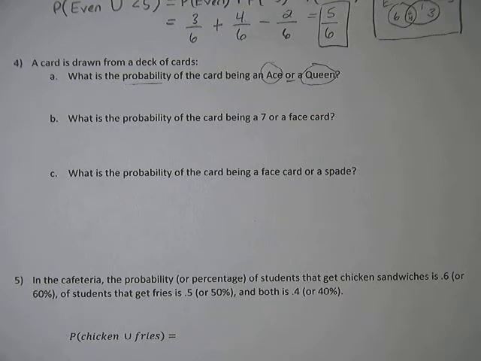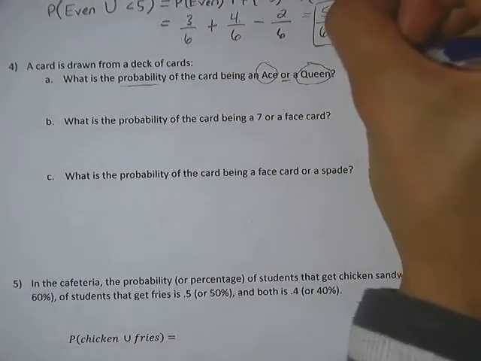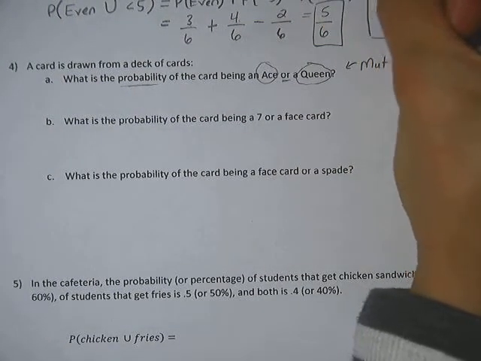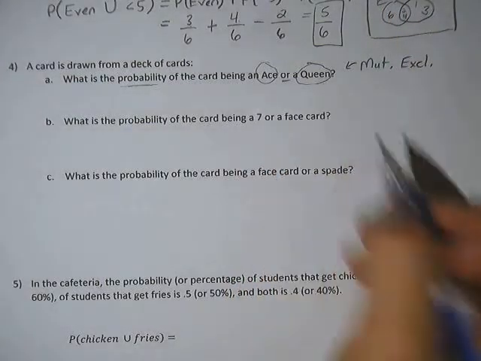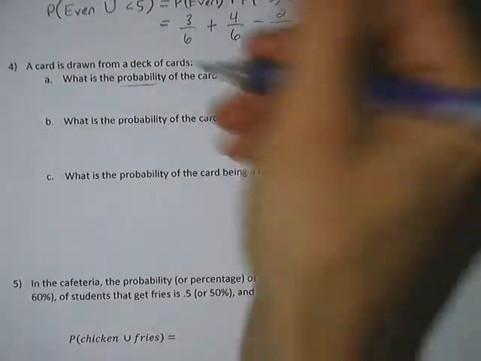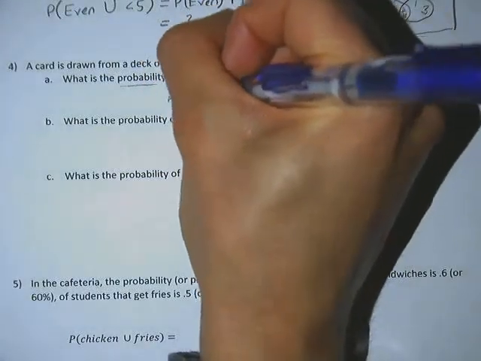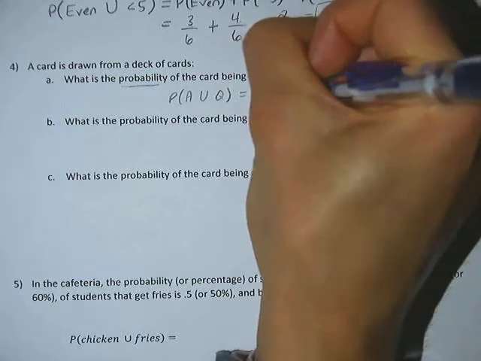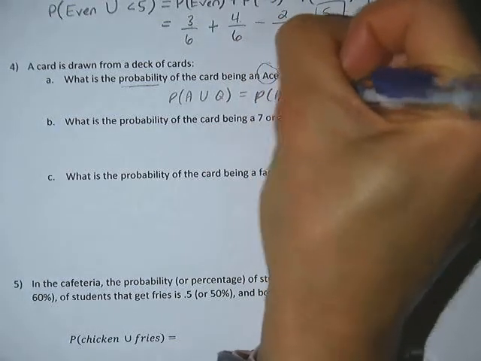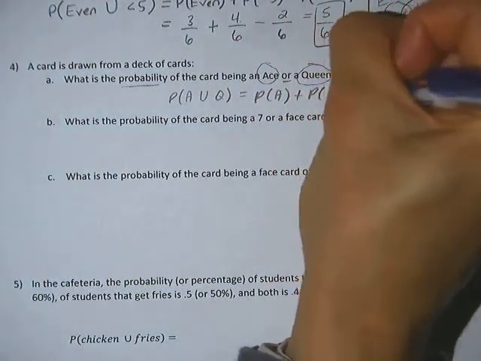But no, okay? And so these two events are mutually exclusive. And so if we're trying to find the probability of this or that happening, of getting an ace or a queen, we just add them. So the probability of getting an ace or a queen, we just take the probability of getting an ace and add it to the probability of getting a queen.